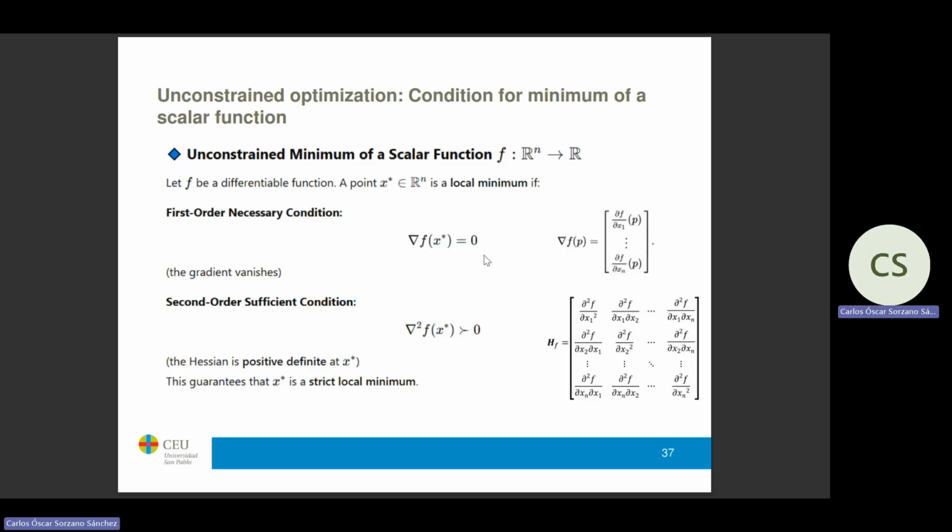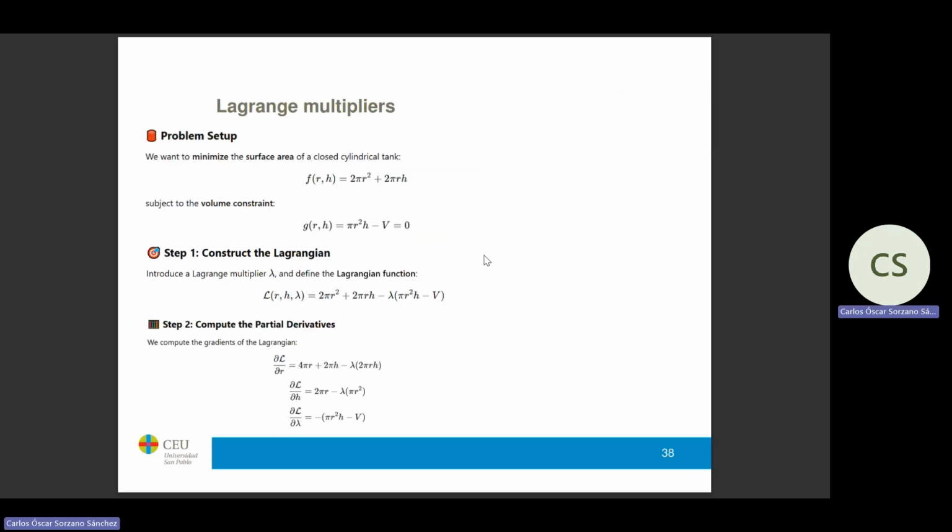Good. Very good. So let's try to solve the same problem that we had, but now with this new tool that we have for multivariate, so for vector valued functions. We have this problem to solve that has two dimensions, two variables, and we have this constraint.